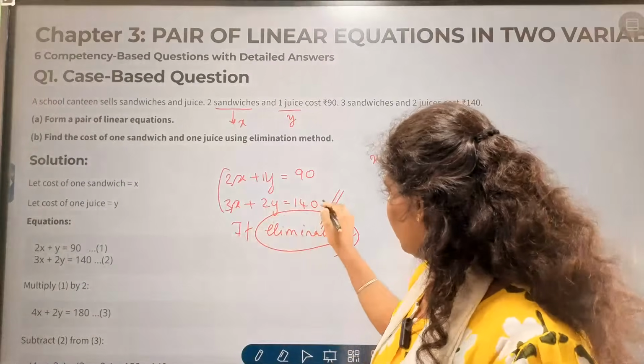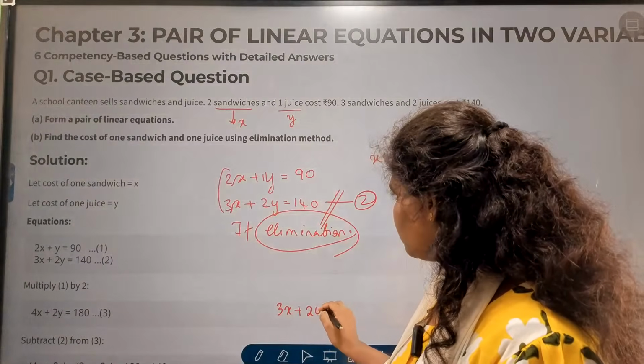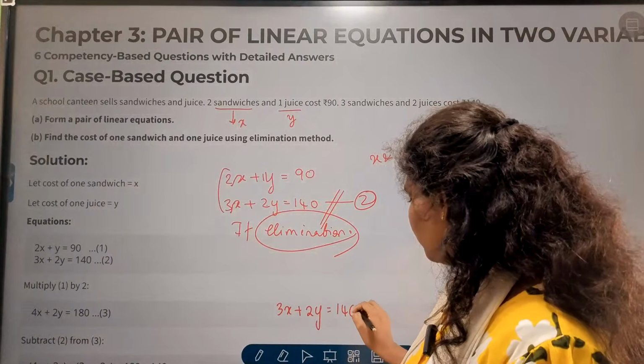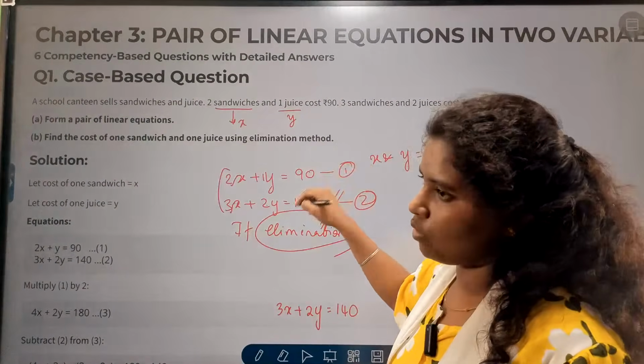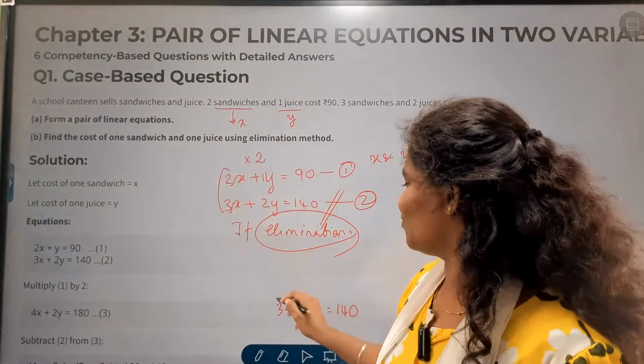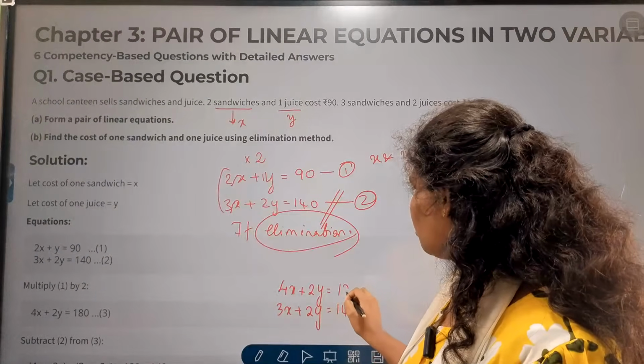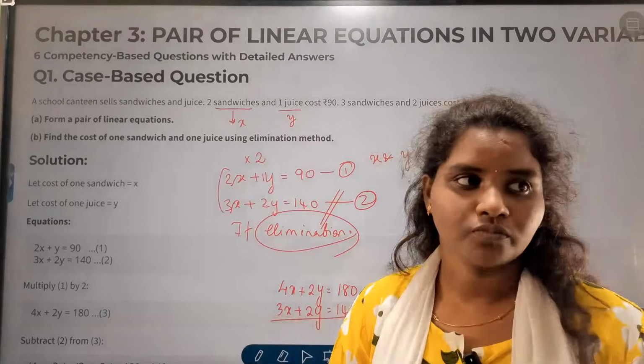In equation 2, I am writing as it is, 3x plus 2y is equal to 140. And in equation 1, I am going to multiply by 2. So 2 into 2 is 4x plus 2y, which is equal to 180.